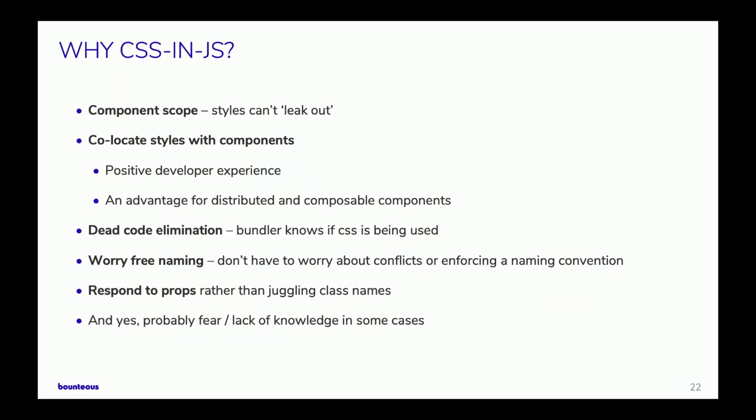It will know what CSS rules are or are not going to be used and can strip out the ones that are not going to be used to reduce the size of your bundle. It also potentially helps with the naming a little bit, knowing that your scope is limited to your component. You don't have to be as worried about using class naming to prevent CSS rules from interfering with each other.